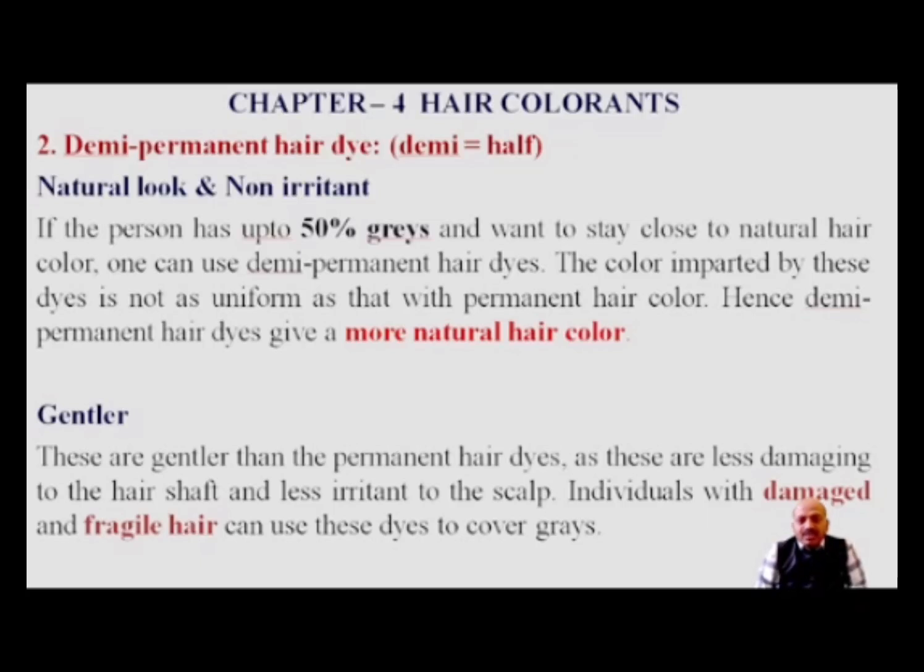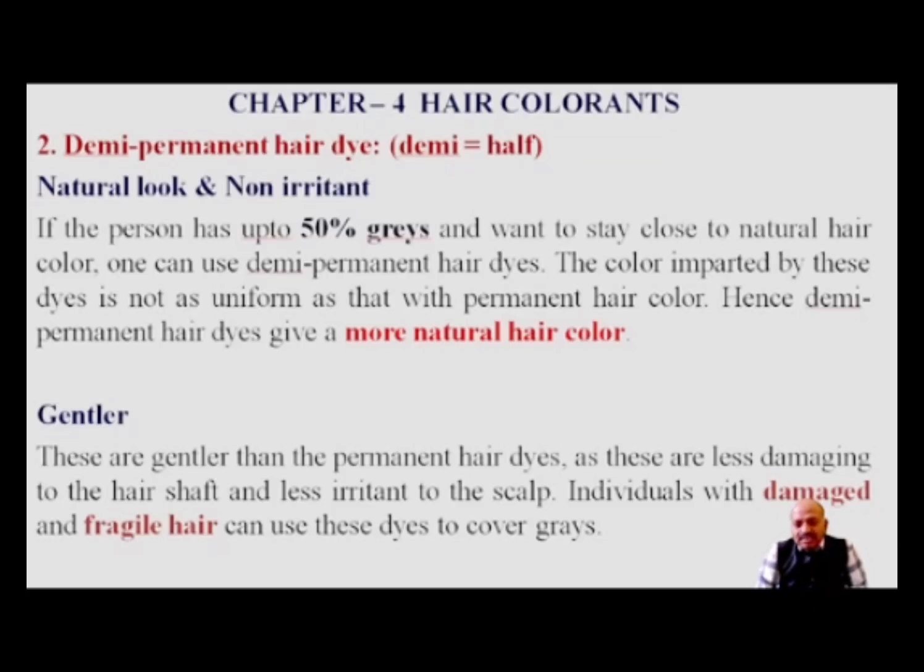If the person has 50 percent gray hair and wants to stay close to natural hair color, one can use demi-permanent hair dyes. The color imparted by these dyes is not as uniform as with permanent hair color. Hence, demi-permanent hair dyes give a more natural hair color. Whatever color was present before will be increased a little, making it look natural.